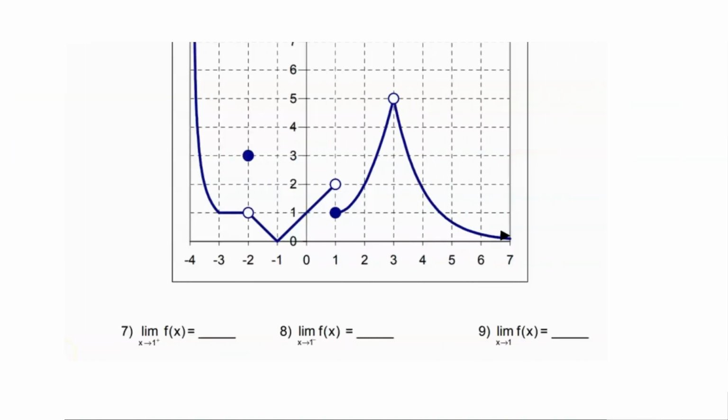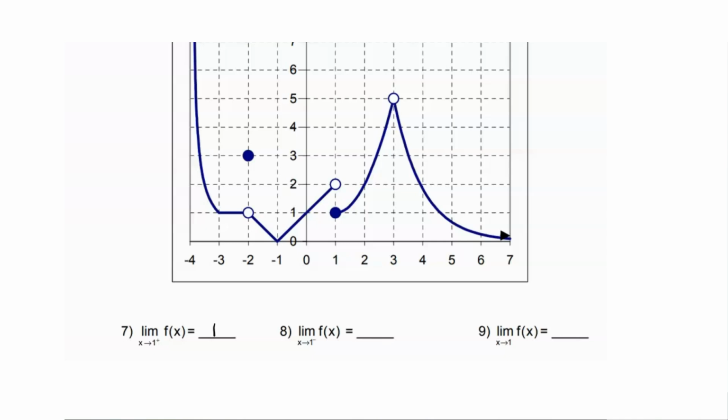Okay, problems 7, 8, and 9, we're going to be looking at the limits as x approaches 1. So in number 7, we want x approaches 1 from the right side, from the positive side. So we go to the positive side of 1, follow the graph down, and we see that the answer is 1. For problem 8, we want the limit of f of x as x approaches 1 from the negative side, or from the left.